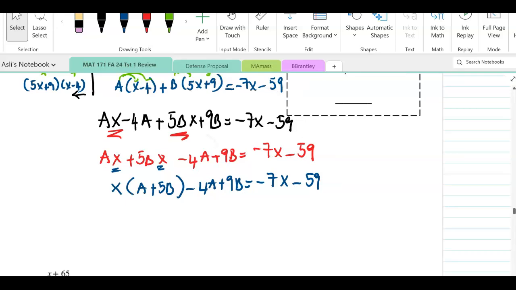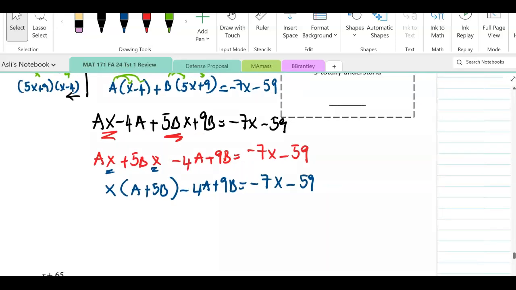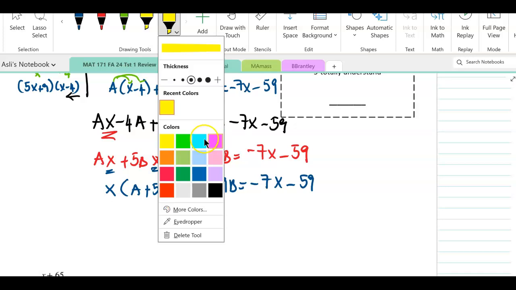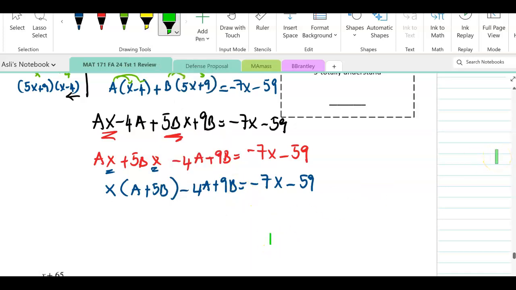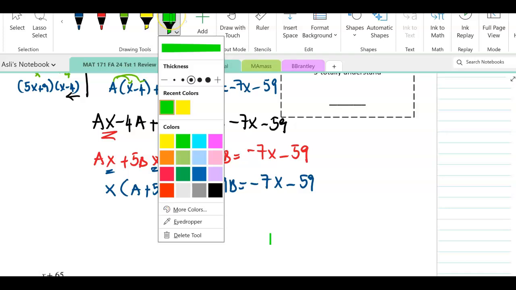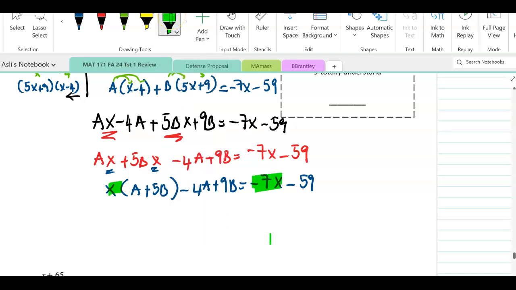Okay, cool. Now, we're making a conjecture here. Let me add this highlighter pen, and also this. What we're saying is this x term and this x term should be equal, and this constant and this constant should be equal.